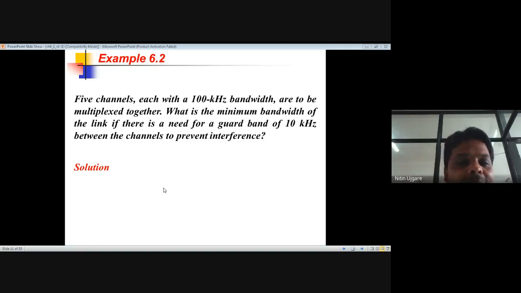So we are supposed to calculate the total bandwidth of the link through which we have to pass the 5 analog signals. Tell me in the chat box, what would be the bandwidth required to transmit the 5 channels, each with the 100 kilohertz bandwidth?